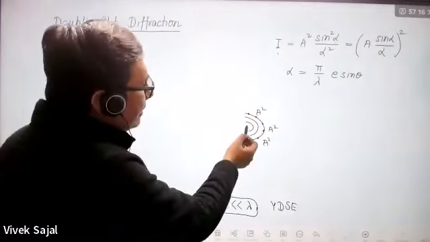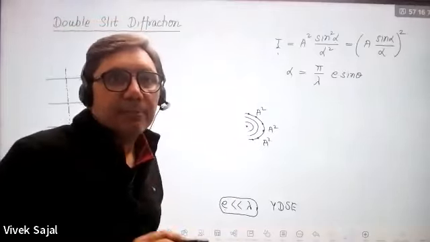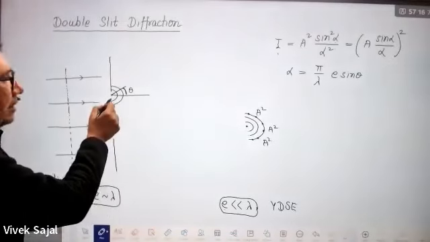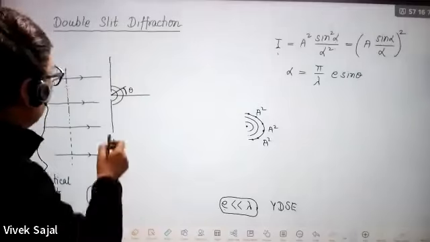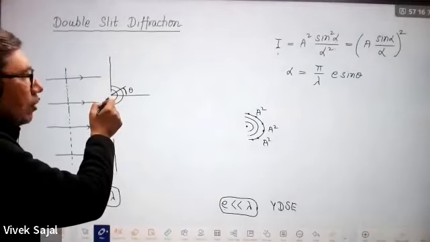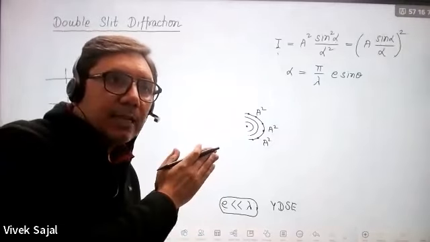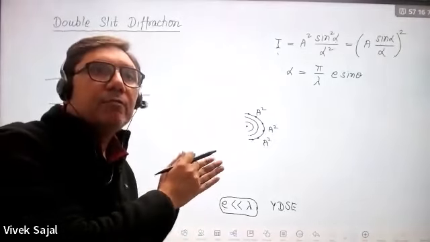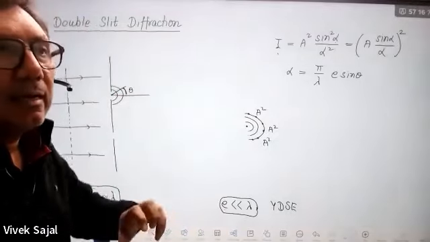But if you replace this point slit used in YDSE by a slit whose size is of the order of lambda, a lot of secondary point sources will emerge, and their individual wavefronts will propagate in the forward direction.